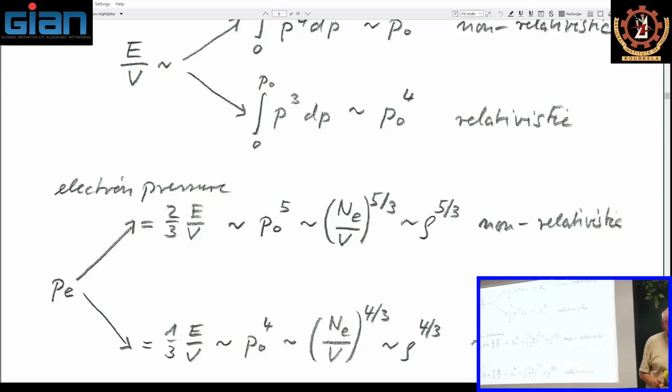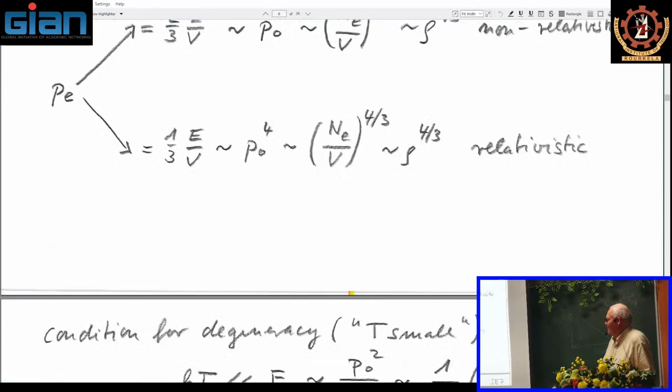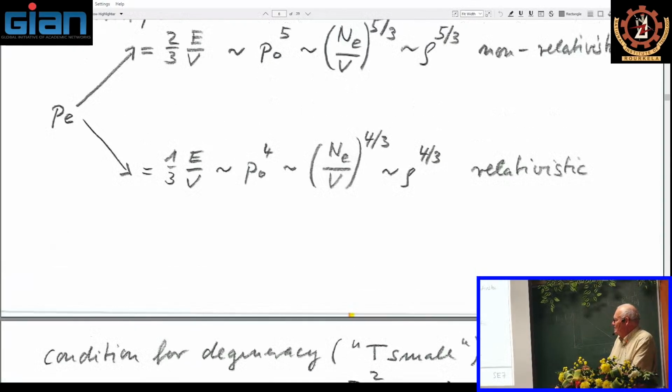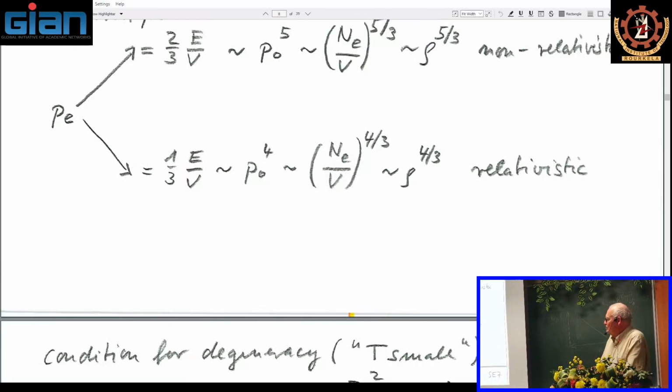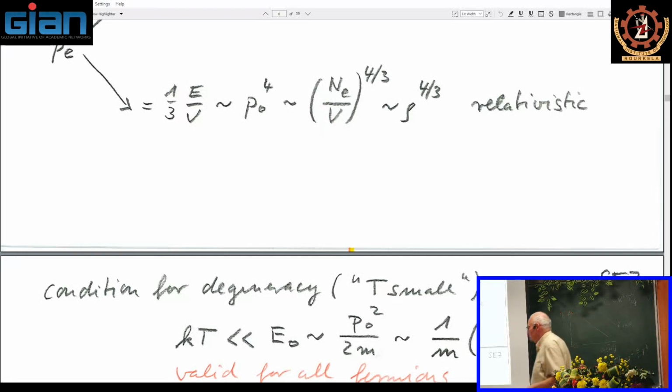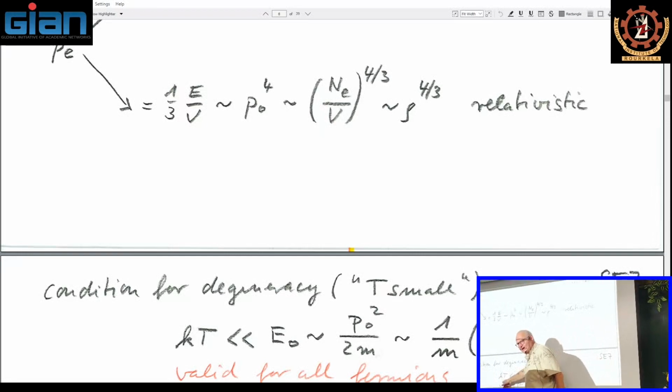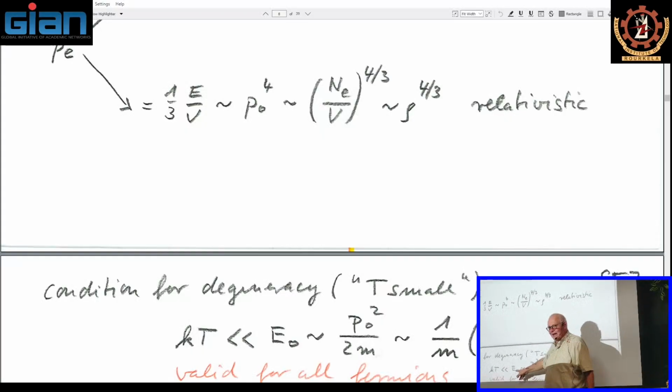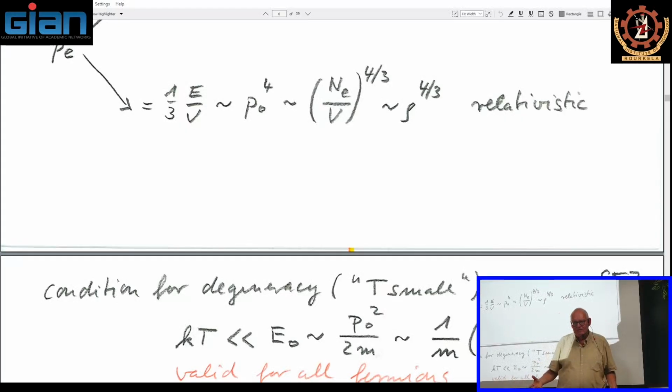Well, let's go further on. The question is, what is the condition for the temperature to be small? For low temperatures, we have to specify what we mean by low temperature. It means that the thermal energy, the usual thermal energy of an ideal gas, where the thermal energy of a particle is of the order kT, is small compared to the maximum energy once we have complete degeneracy.